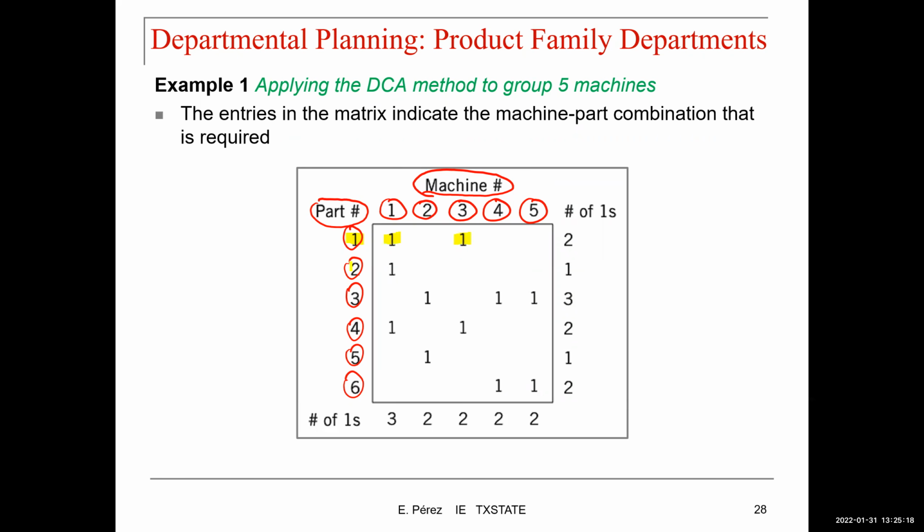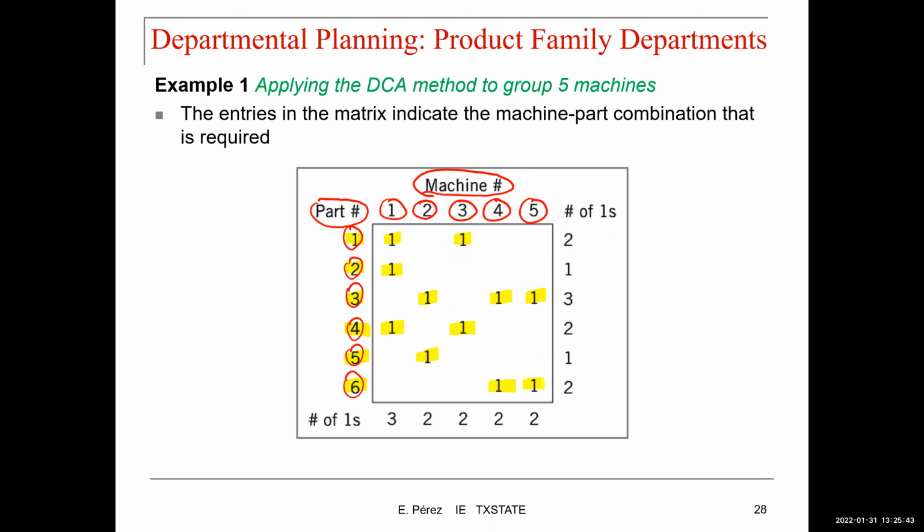Part 2 only needs to be processed in machine 1. Part 3 needs to be processed in machines 2, 4, and 5. Part 4 needs to be processed in machines 1 and 3. Part 5 only in machine 2. And part 6 in machines 4 and 5. So this is the information we're getting from this matrix.